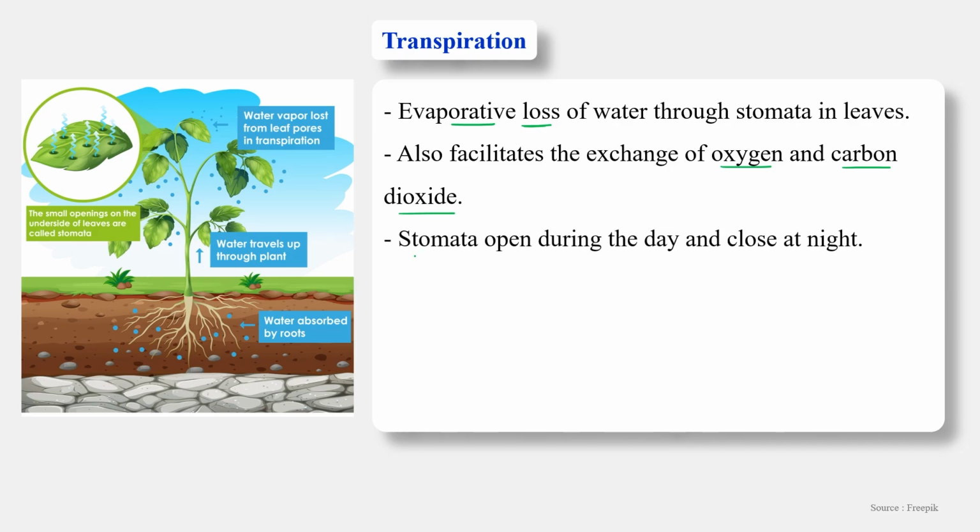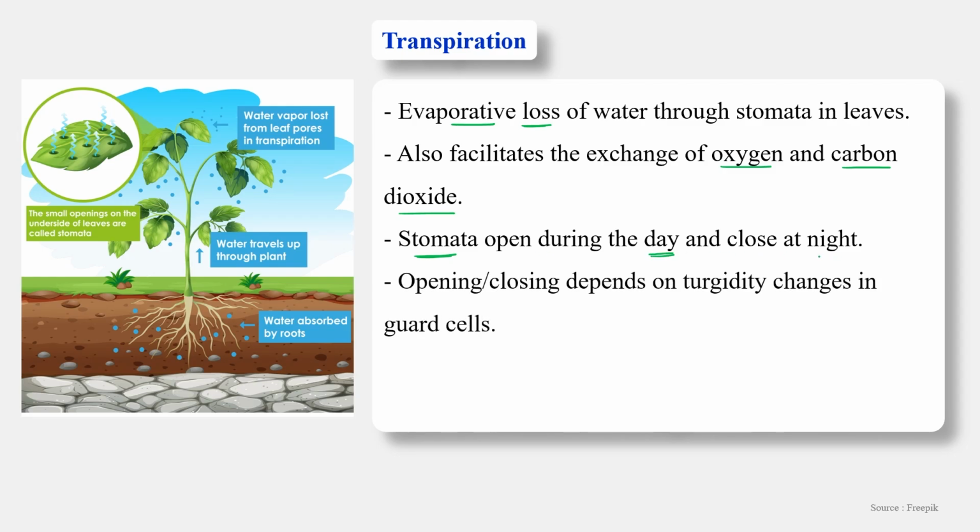These stomata normally open in the daytime and close during the night, and the opening and closing of stomata depends upon the turgidity of the guard cells. This is the main thing responsible for the opening and closing of stomata.